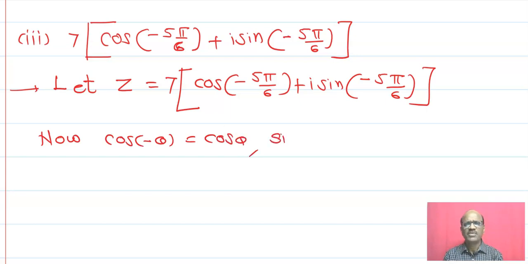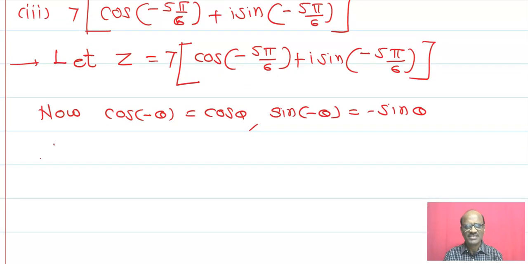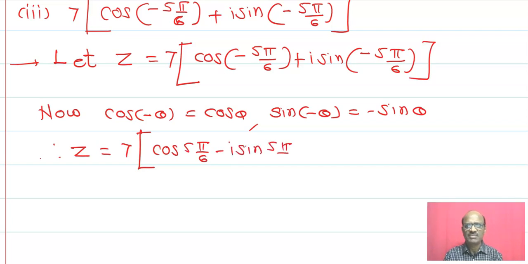How to remember? Sine reflects the negative sign and cos absorbs the negative sign. That is, cos of minus theta is cos theta. Sine reflects the negative sign, so the negative sign comes outside, that is minus sin theta. In this way you can remember.